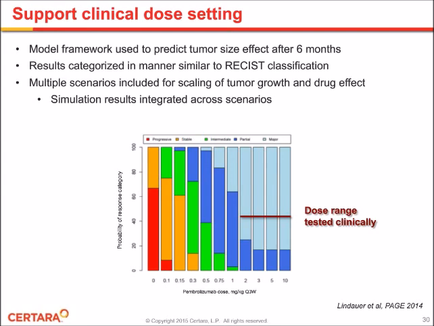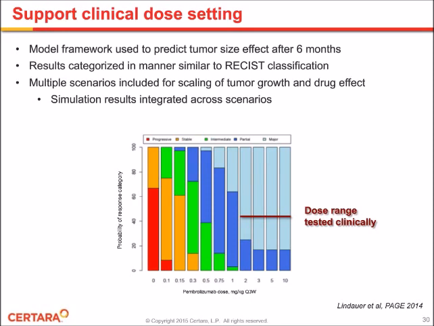In our simulations, we included multiple scenarios because we weren't completely sure about the best way to scale our tumor growth and the drug effect from mice to men. So for that, we established a range of scenarios. And the simulations that I'm showing here are essentially integrated across all those scenarios.